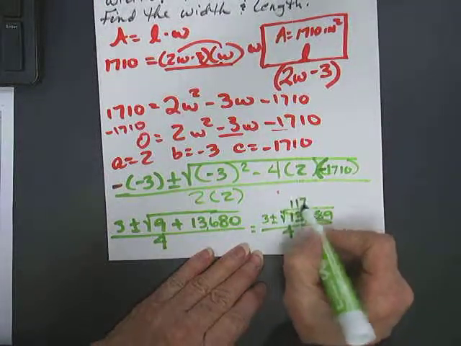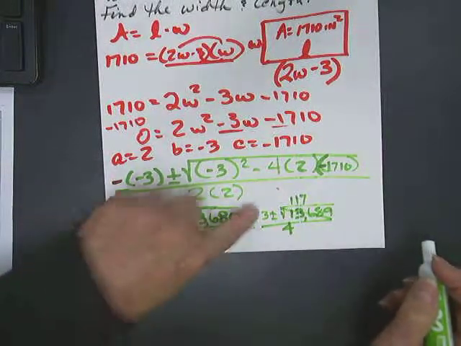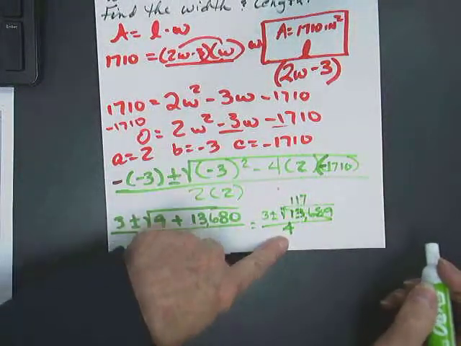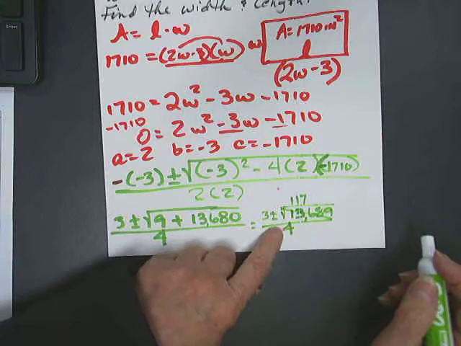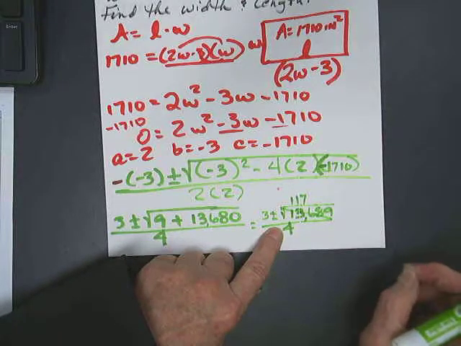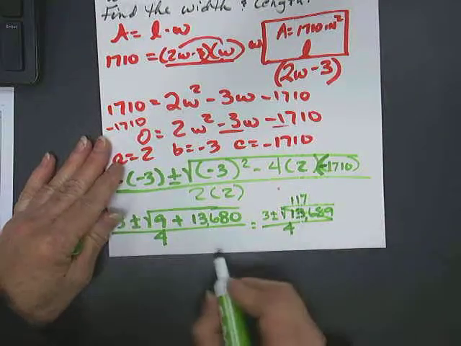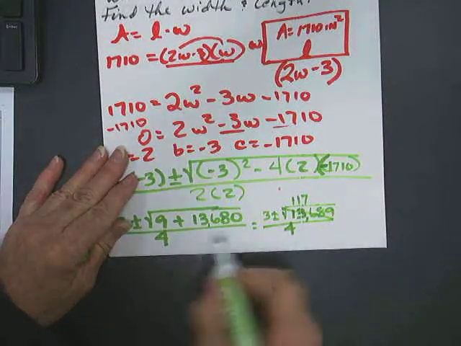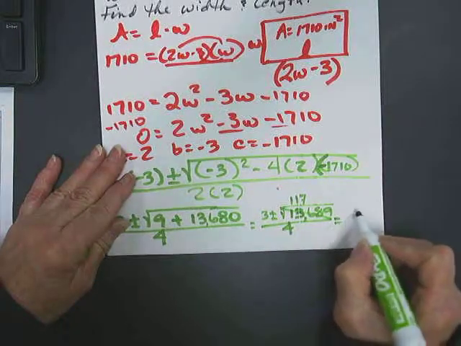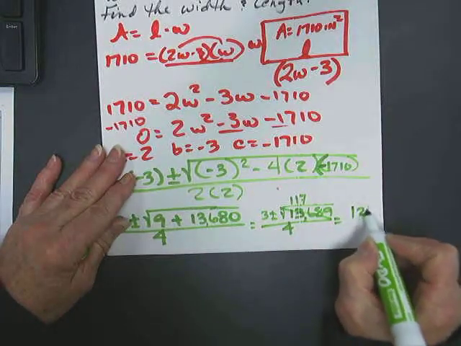Take the square root of that. We got 117. It is a perfect square. So you got 3 plus 117 over 4. 3 minus is going to give you a negative, and you can't have a negative length.